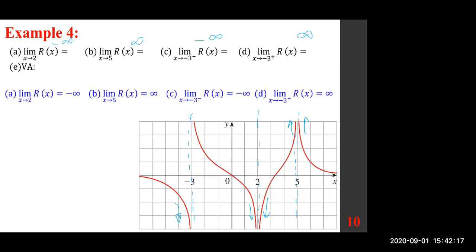I hope everybody can read this from the graph, okay? And therefore, we have the equations of the vertical asymptotes as x equals 2, x equals 5, and x equals negative 3, in any order you like. So the graph gives you what's going on, okay?